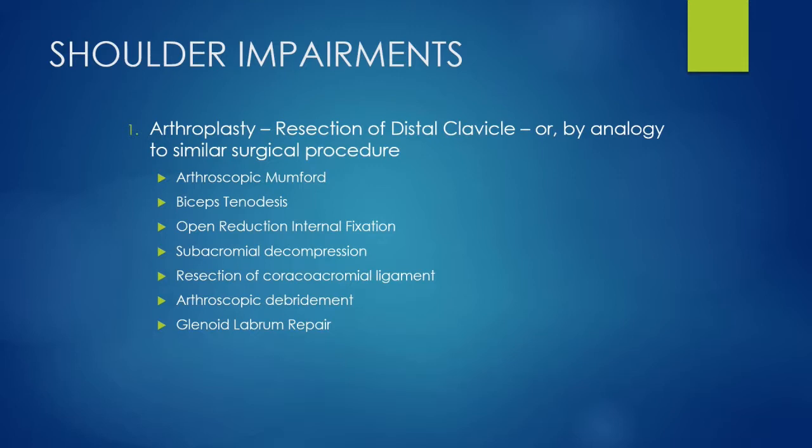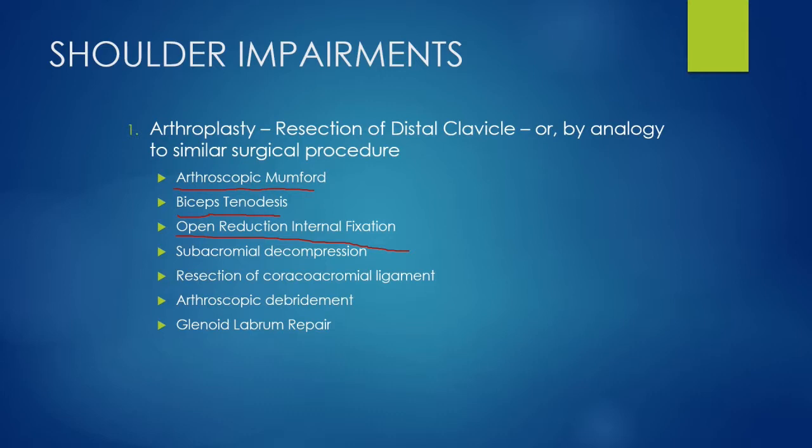So some of the descriptions that you might read in the medical records might involve arthroscopic Mumford procedure, for example. Or you may see an examinee who has undergone a biceps tenodesis procedure. Or in the case of a fracture, the examinee may undergo an open reduction internal fixation procedure.